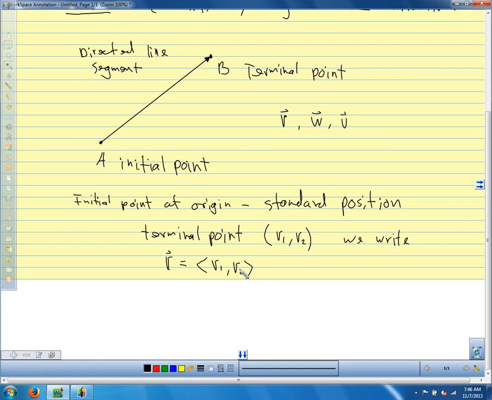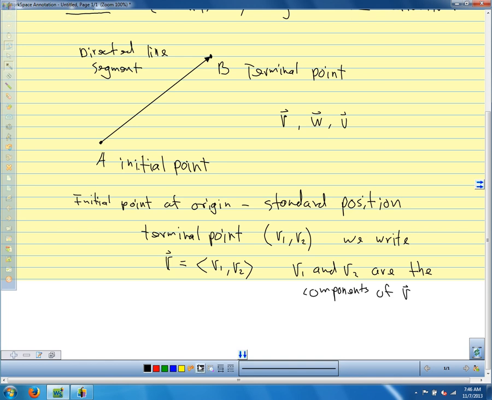We call v1 and v2 the components of the vector, and we call this the component form of vector v.